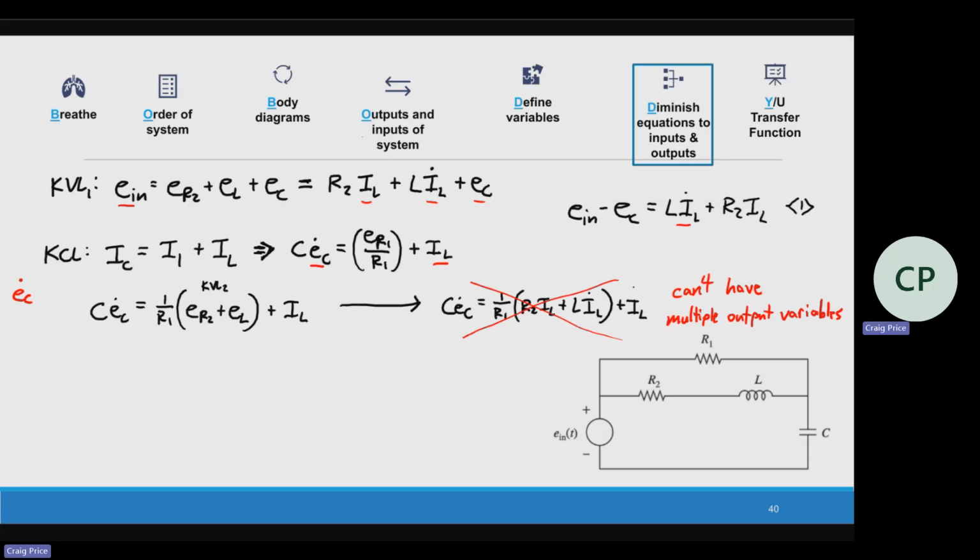This doesn't work, just doing the same substitution I did the first time, because that gives me a different derivative. So I'm going to try to figure out another way to change this. What else could we use to substitute this out?